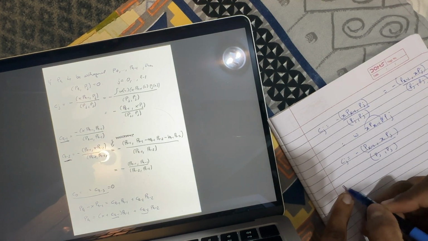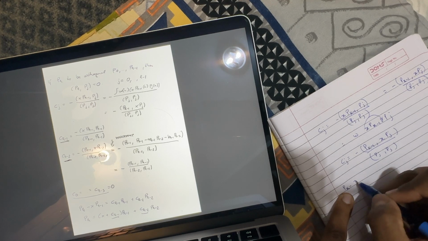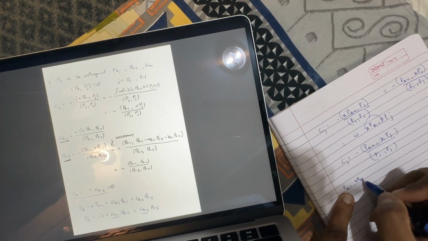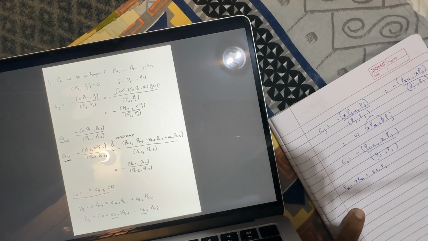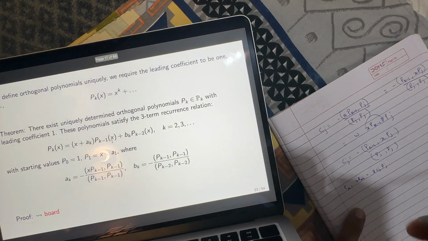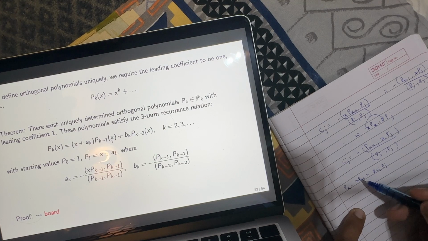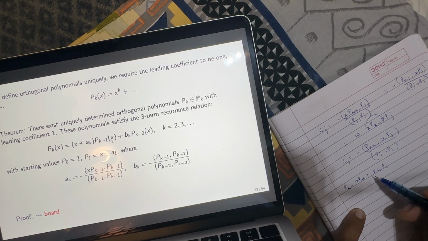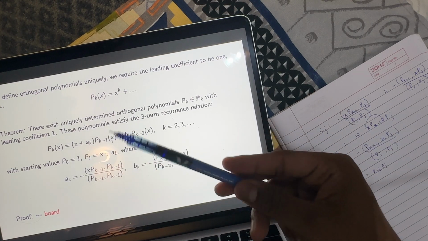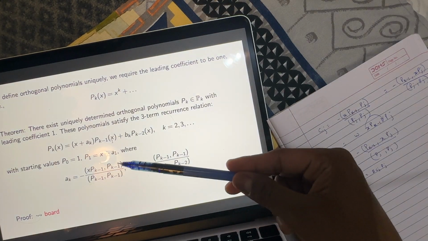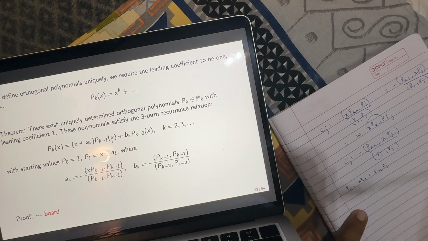To recap, Pk minus x Pk minus 1 equals the sum of Cj Pj, right? Now what I want to prove is that Pk is x Pk minus 1 plus ak times Pk minus 1, where ak is x Pk minus 1 Pk minus 1 upon Pk minus 1 Pk minus 1.